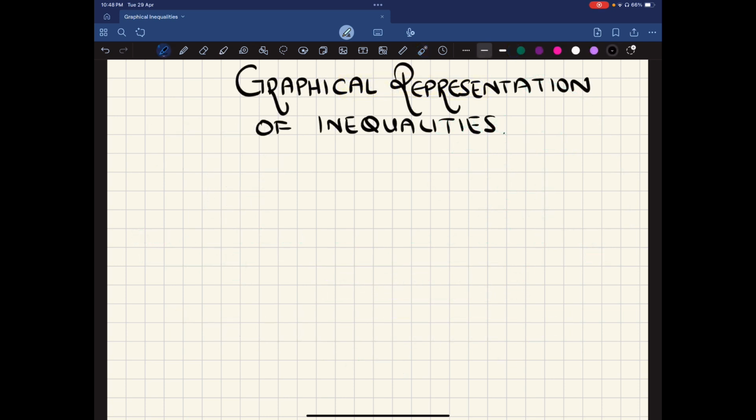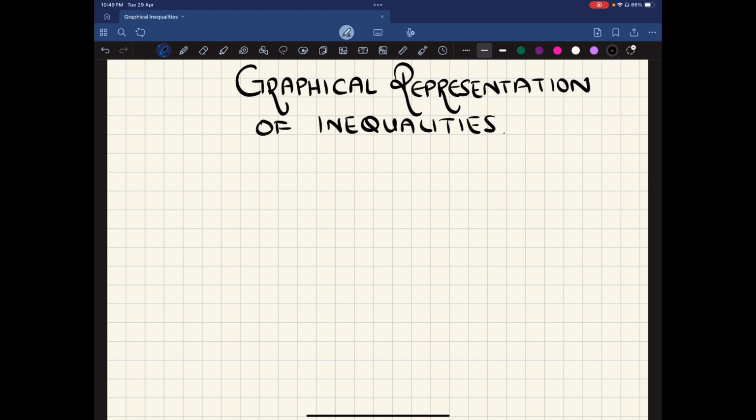Now on to the final part of the topic, graphical representation of inequalities. A lot of students struggle with this part of the topic, but I find it pretty simple. Let's hope that by the end of this video, you are of the same opinion, okay? So a number line can be used to show the solutions to an inequality that involves one set of values, right?